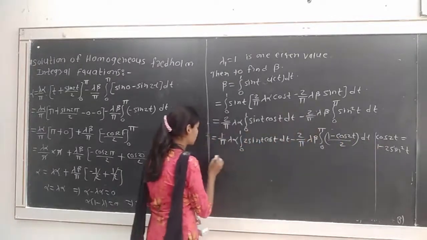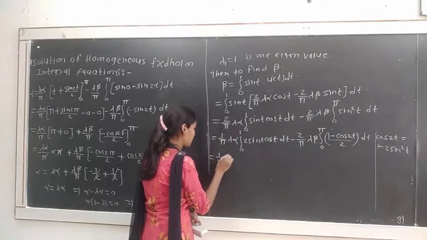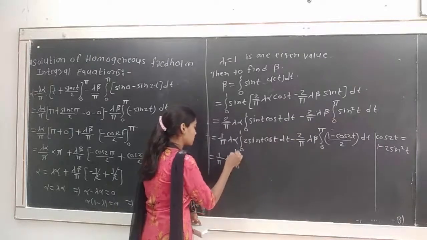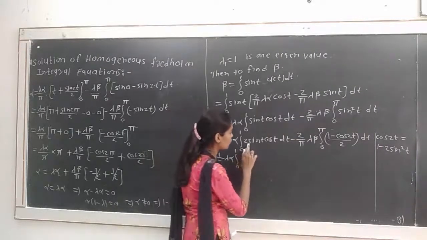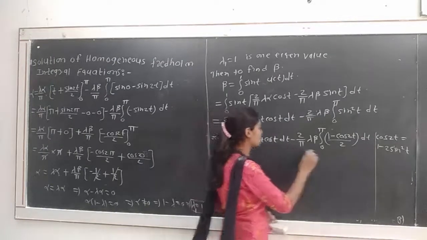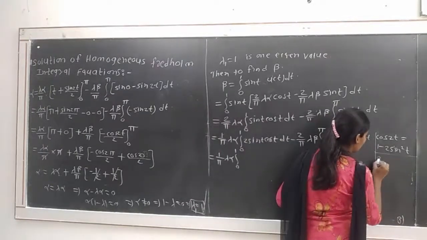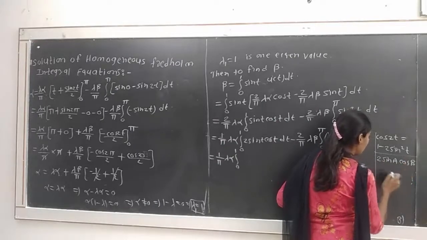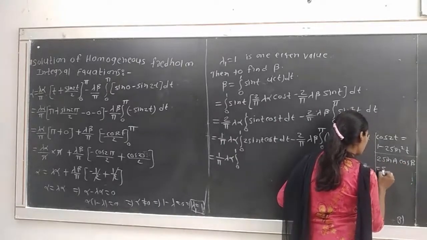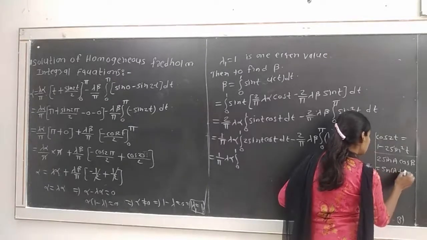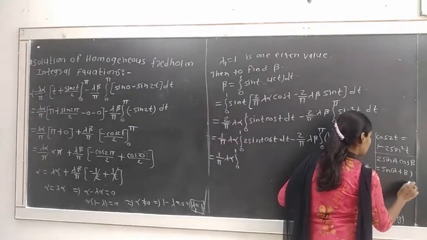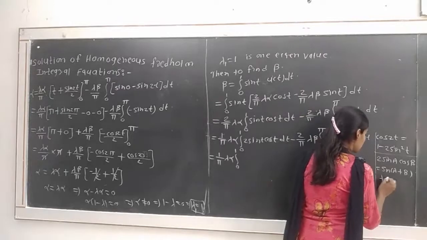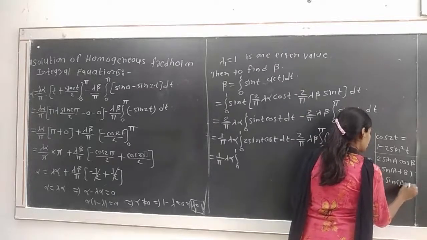Okay, so we get 1 by pi lambda alpha integration from 0 to 1, and here we use the formula of 2 sin a cos b. You can write the formula here, 2 sin a cos b is equal to sin a plus b plus sin a minus b.